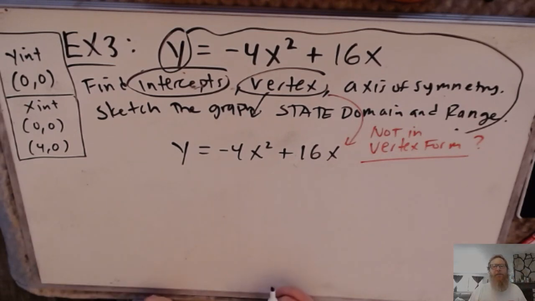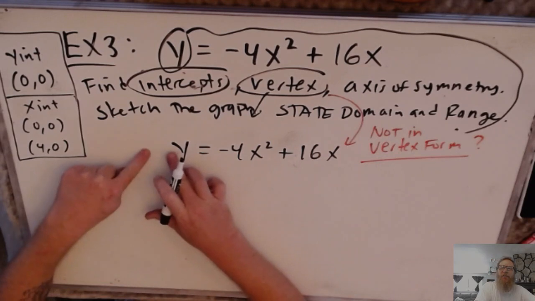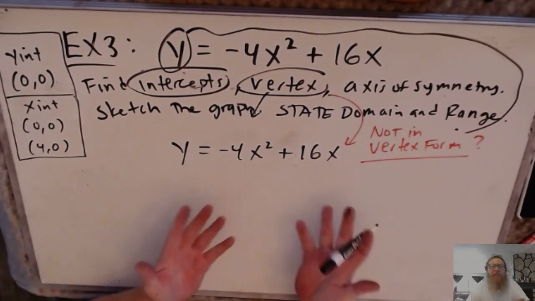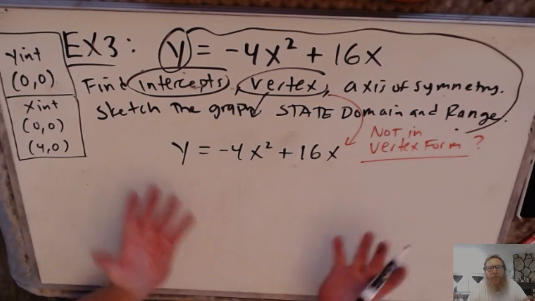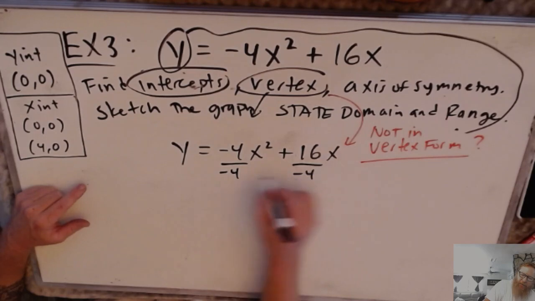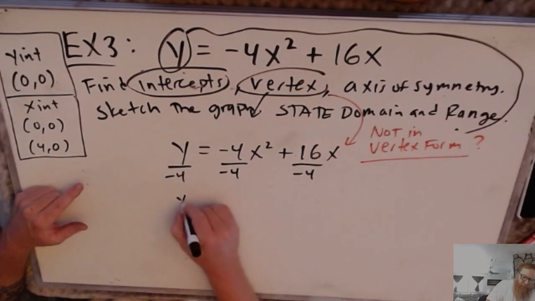Here are the steps. One more time. All right. Move the constant term over. Well, that was easy. There is no constant term. So we'll skip that step. Divide everybody by the leading coefficient.